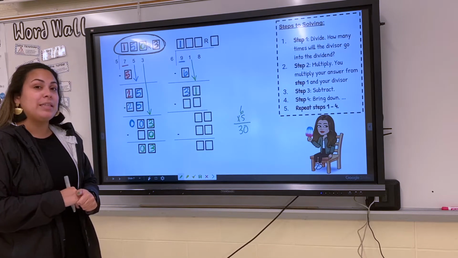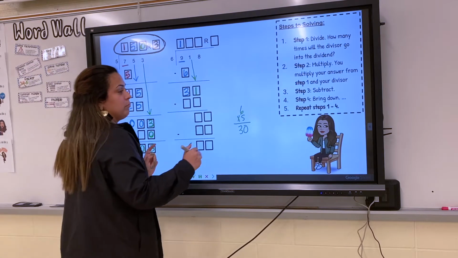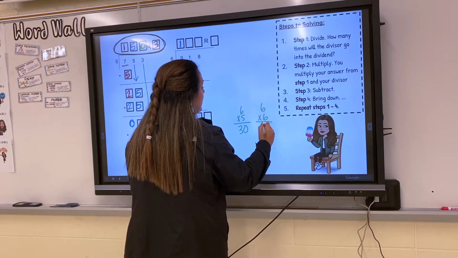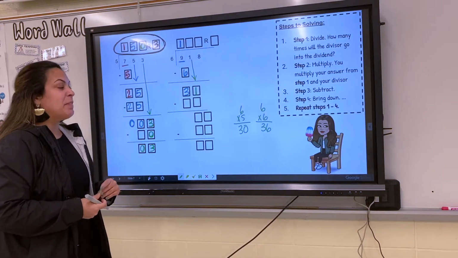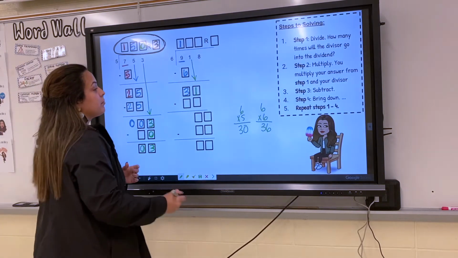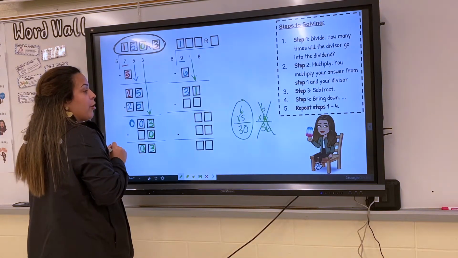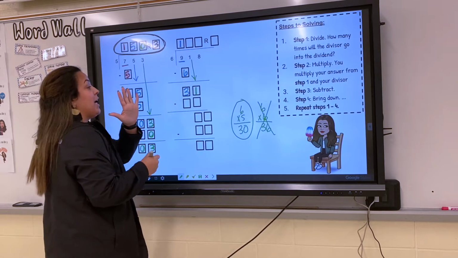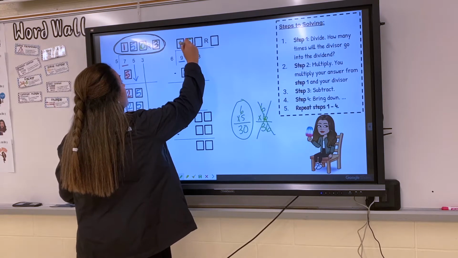But for safekeeping, I'm going to go up 1 more to see if I get any closer to 31. 6 times 6 is 36. No, that's too high. So I know now that 6 can go into 31 five times. I'm going to write 5 right up here.